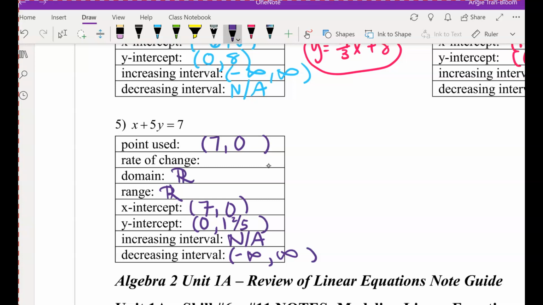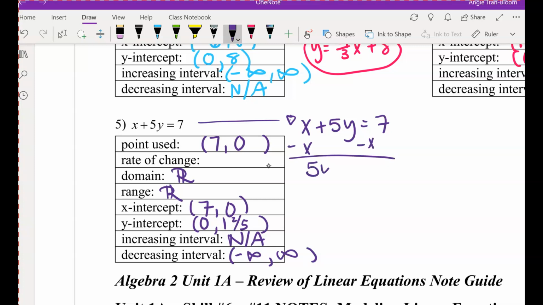Okay. Now again, the rate of change, you can use y2 minus y1 over x2 minus x1, or you can write it in y equals mx plus b form. You can try that out, whatever system you're using. I'm okay with that, just as long as you look up here to see if we have matching answers, okay?